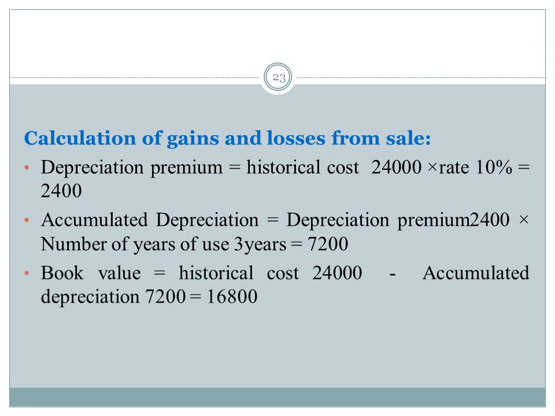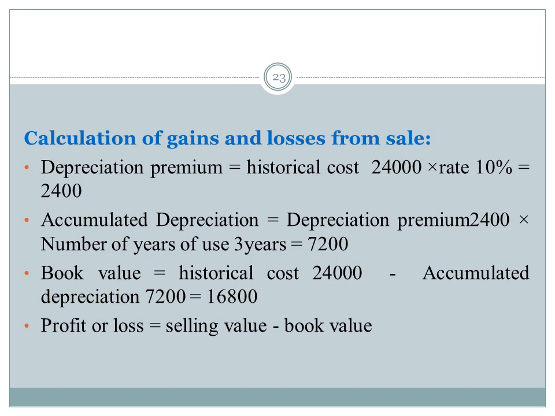Book value equals historical cost 24,000 minus accumulated depreciation 7,200, so the book value equals 16,800. Gain or loss equals selling value minus book value.